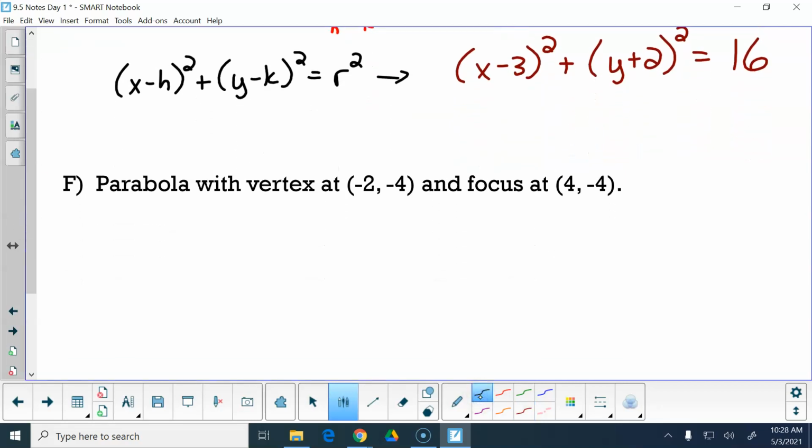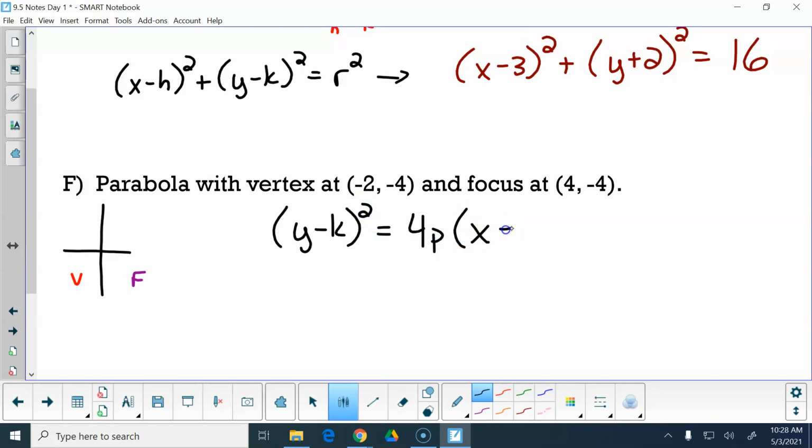Then, on this one, we've got our vertex over here and our focus over here. So that tells me that it's a right opening parabola. A right opening parabola would be quantity y minus k squared equals positive 4p times the quantity x minus h.